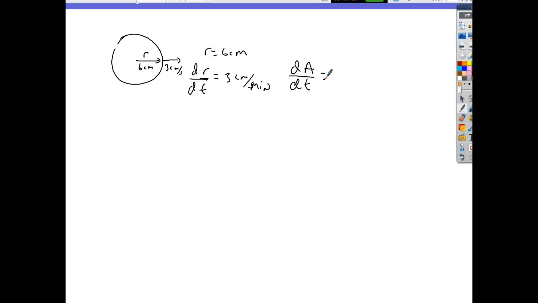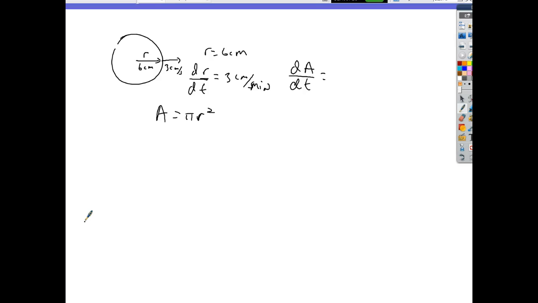All right. So now I need to find a formula that relates area and r of a circle. Oh, pi r squared. There you go. Area equals pi r squared. Since I'm trying to find area, circumference would be a really bad choice. All right. Now, how do I find the dA/dt? Well, let's make a dA/dt by doing what?